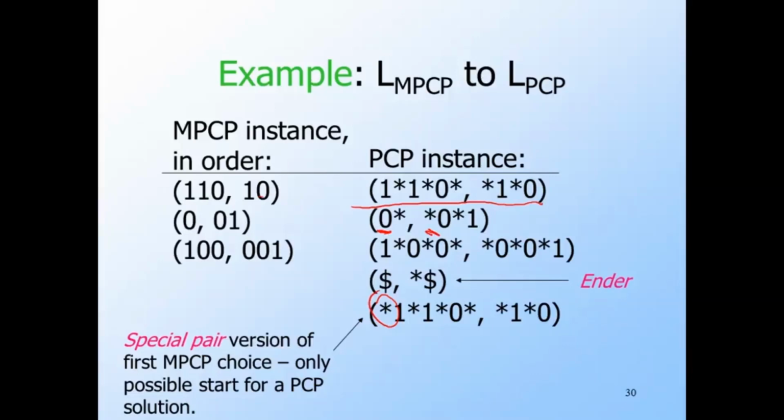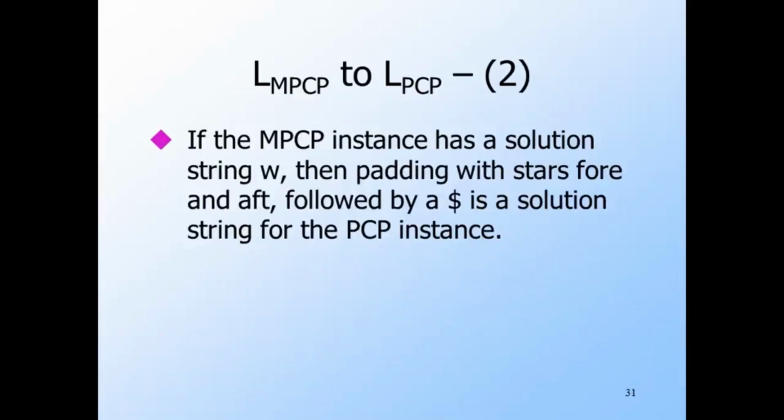Okay. All these pairs have second strings that begin with star and a first string that begins with 0 or 1. Suppose the MPCP instance has a solution, a sequence of indexes that yield string W when we use the first strings in the pairs and the same string W when we use the second strings. Then we can get a solution to the constructed PCP instance.